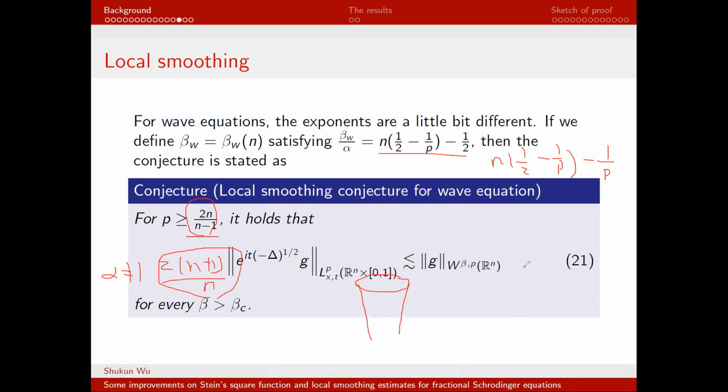But for the fractional Schrodinger equation, let's say alpha equals 2, it's a paraboloid. For a cone, there is one flat dimension, but for a paraboloid, there is no flat dimension. So that's why for the cone, you have one dimension less in the range of p.